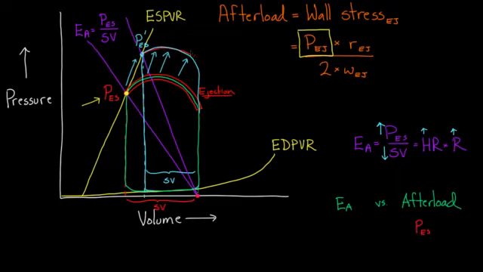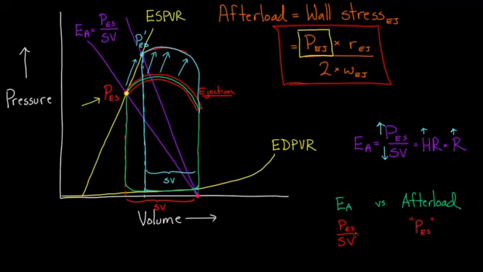So the pressure volume loop does change, and you can see that if afterload is pressure at end systole, if that's what we're using as our marker, actually maybe I should put it in quotes just to make sure we don't think that that's afterload, because we know that the definition of afterload is much more than just that, then EA is going to include part of that. It's the end systolic pressure, but it also includes stroke volume. So one of them is the pressure over volume, and the other is just the pressure.